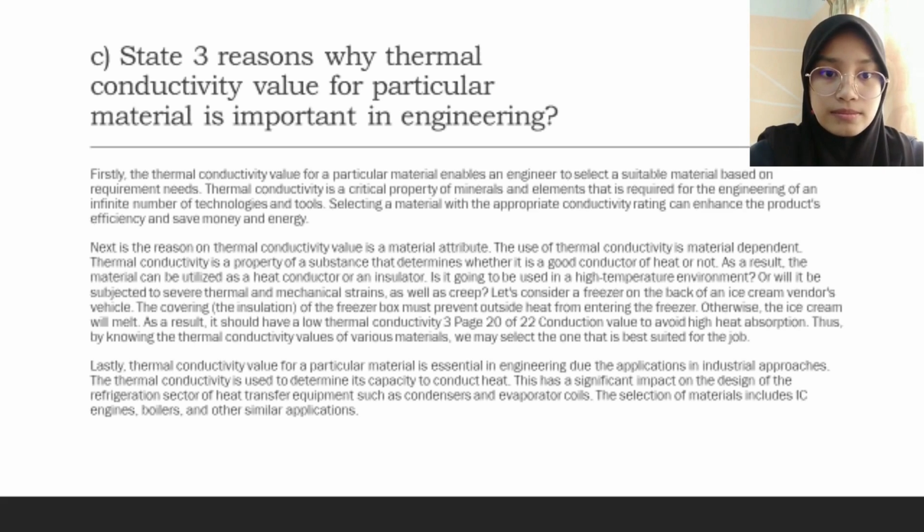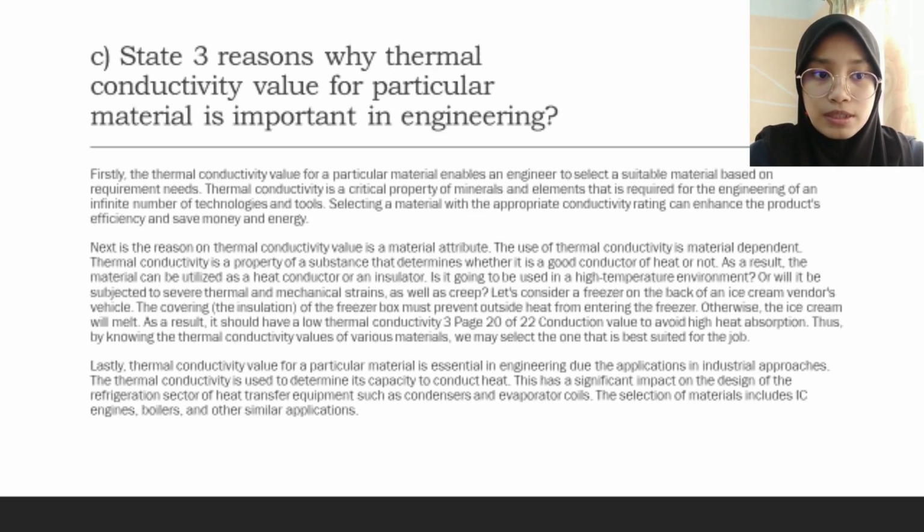Second, the thermal conductivity value is a material attribute. The use of thermal conductivity is material dependent. Thermal conductivity is a property of a substance that determines whether it is a good conductor of heat or not.